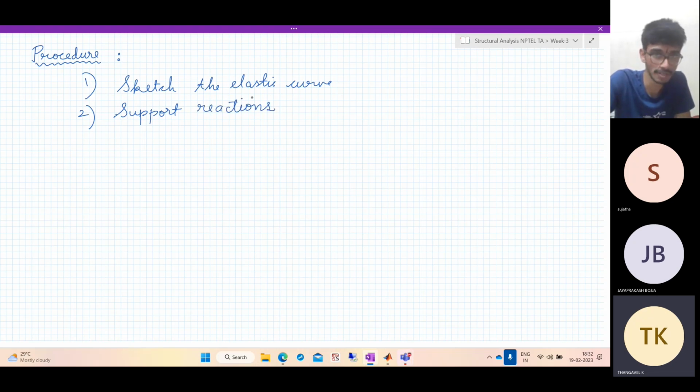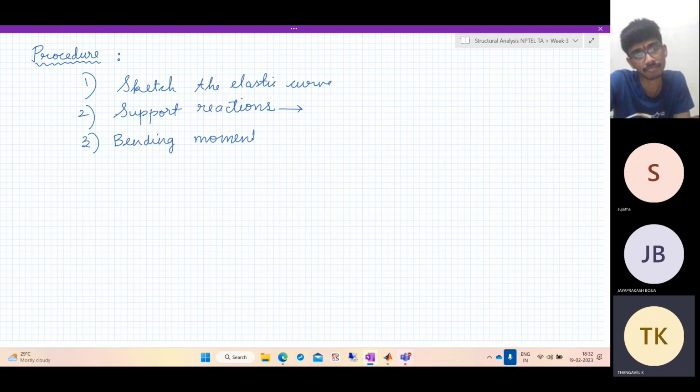Once you get the support reactions, get the bending moment as a function of the beam coordinate x. This means you need to set up a local Cartesian coordinate system on the beam. We'll get to it when we solve the problems, you will know.